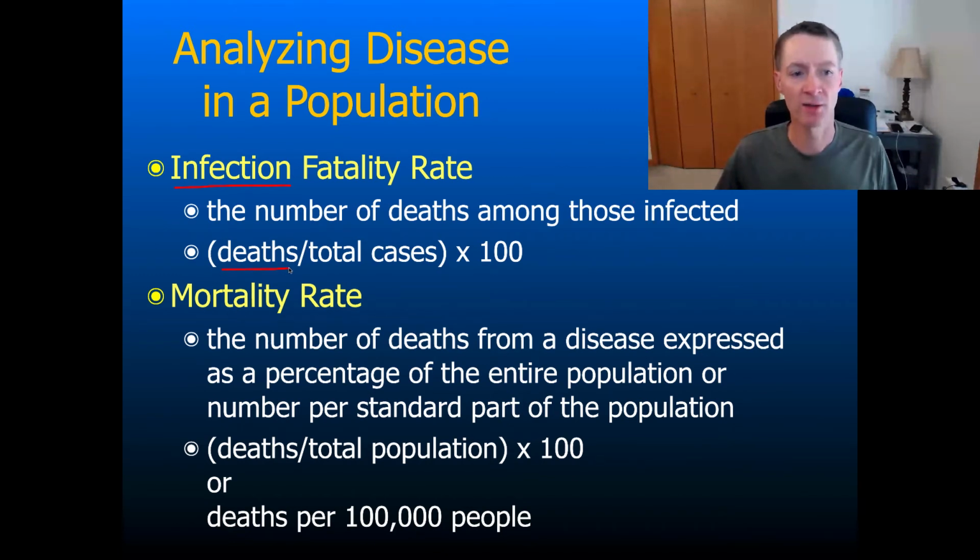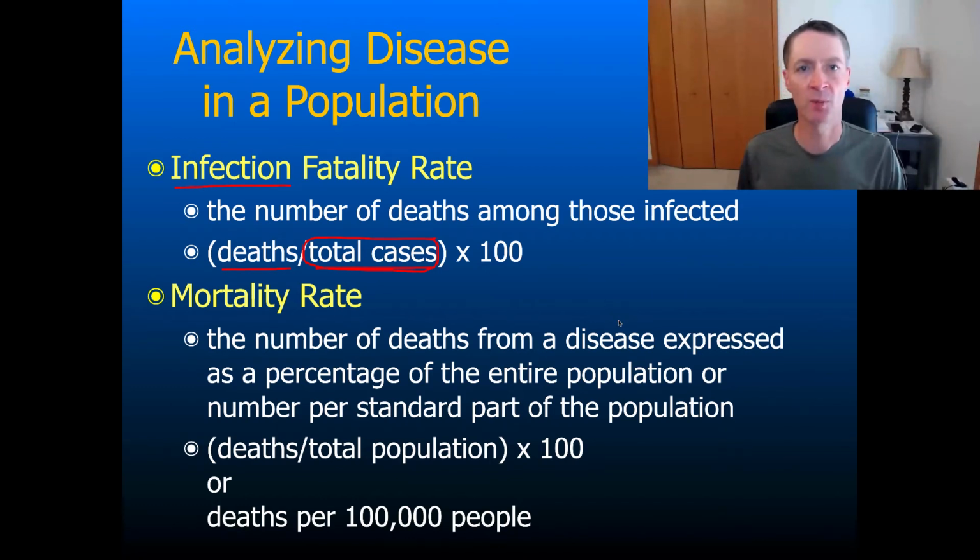So you can just take the number of deaths and divide by the number of total cases. And remember, the number of total cases we might be talking about in one period of time could be the incidence, right? So there's a certain number of deaths per cases, and we multiply that by 100, and we get a percentage, okay?